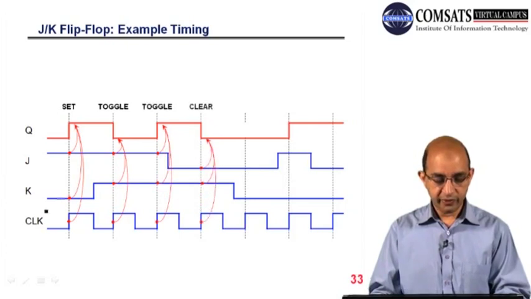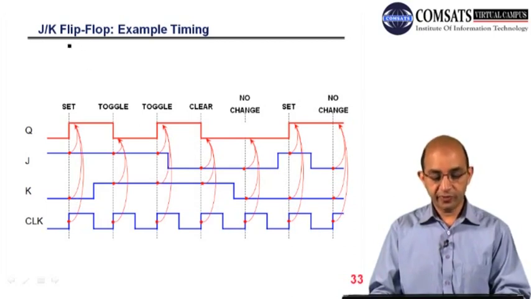You can see that we have Q, that is the output, J and K, 2 inputs, and this is the clock. As we are talking about flip-flop, you will see the change at the active edge. So this is the clock. This is the timing diagram for a rising edge. Q is low when we started.